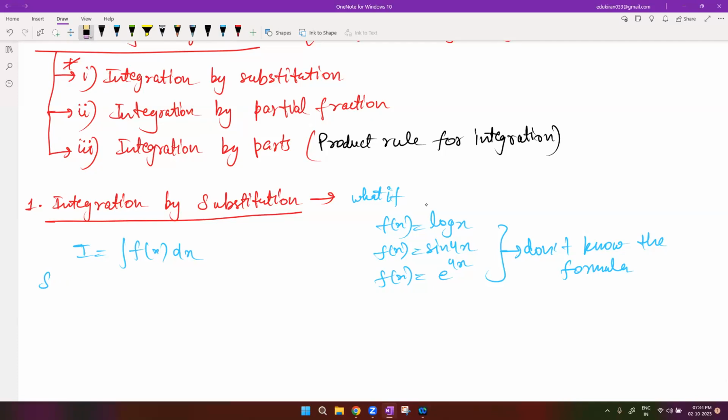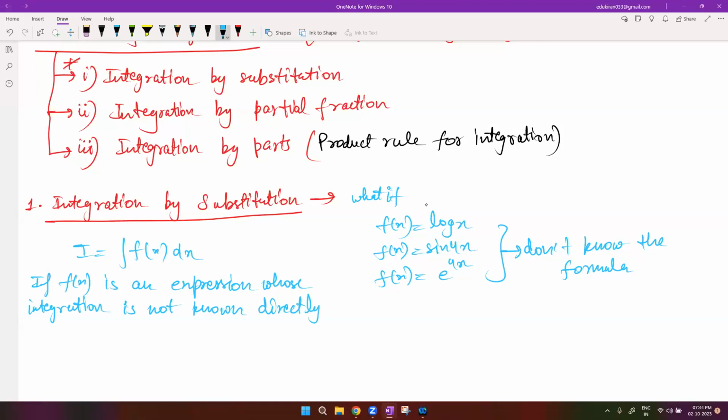If f(x) is an expression whose integration is not known directly, then we need to convert or transform f(x) into a form which can be integrated.